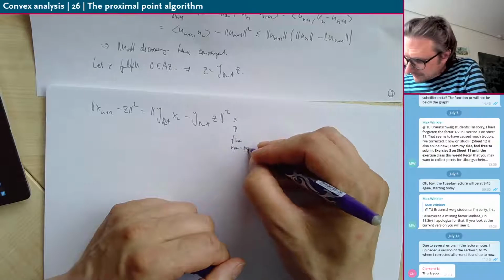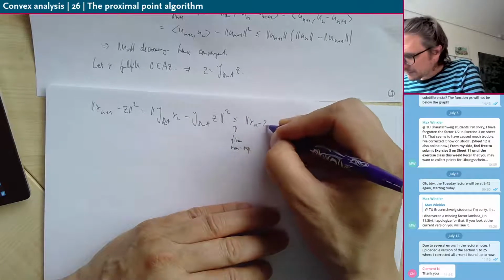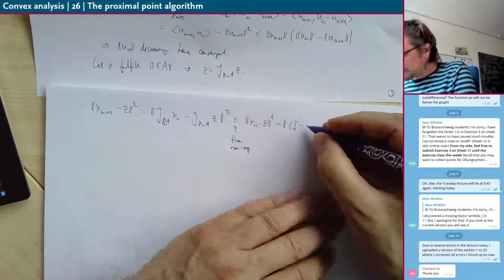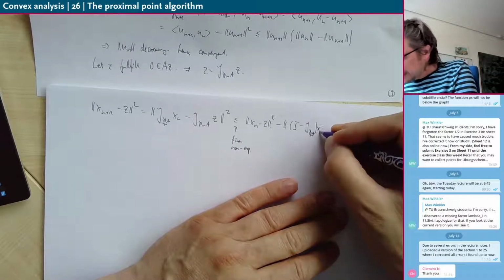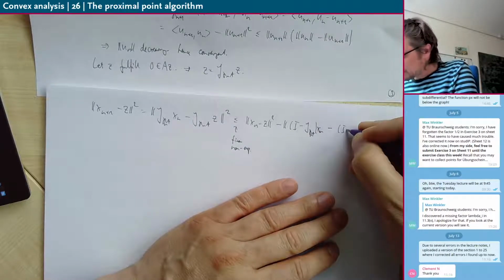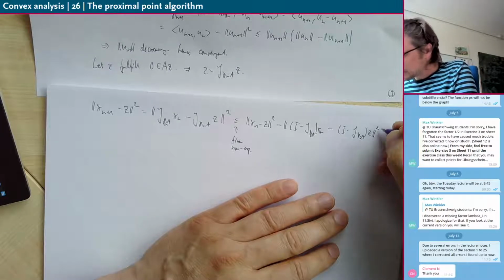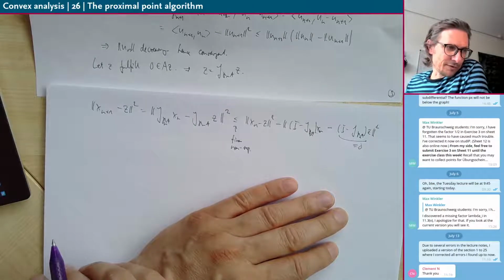non-expansive gives us this is smaller or equal to the difference of the arguments minus the difference of (identity minus J_{gamma_n A}) at x_n minus (identity minus J_{gamma_n A}) at z, squared, and note that this is actually 0 because z is a fixed point of the resolvent.